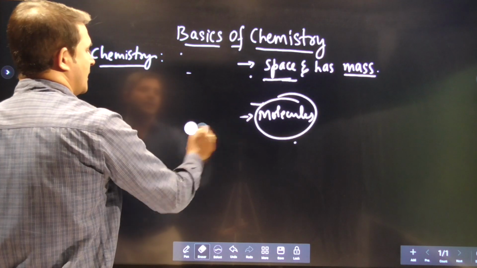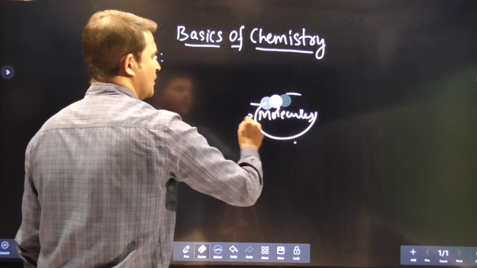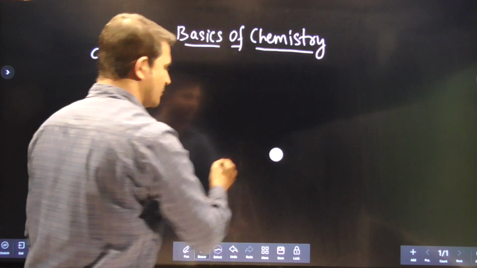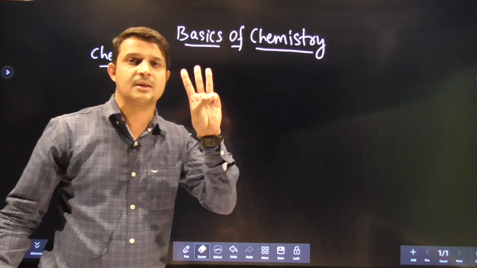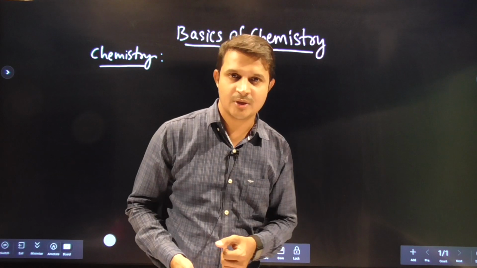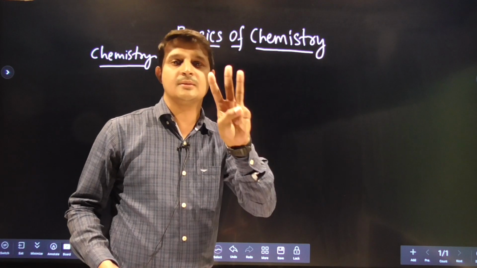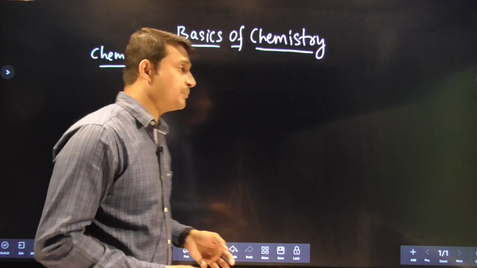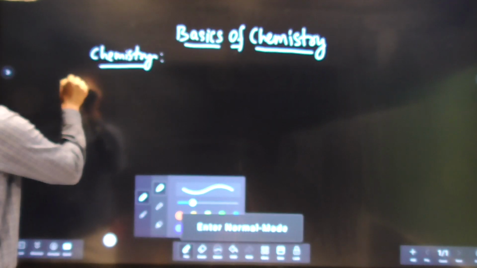So there are various branches of chemistry. We can classify these branches into 3 major branches. In first year as well as second PUC, you are going to learn extensively about these 3 branches. What are these branches? The first branch is physical chemistry.